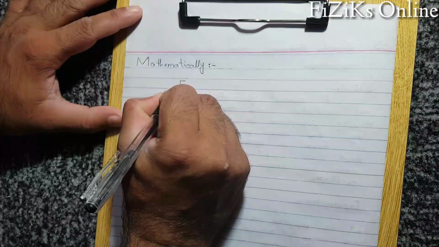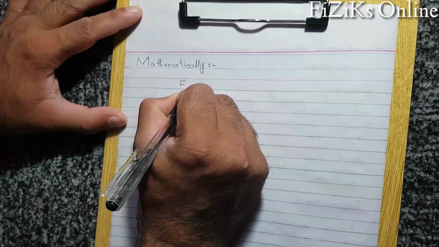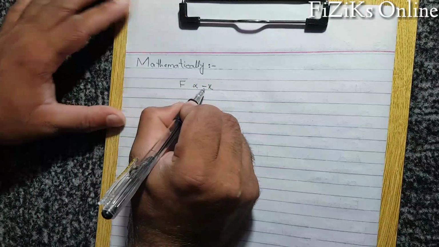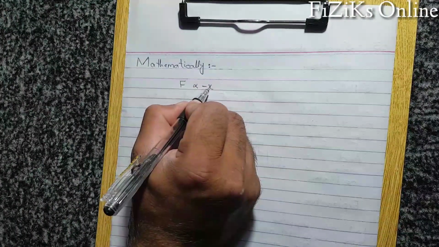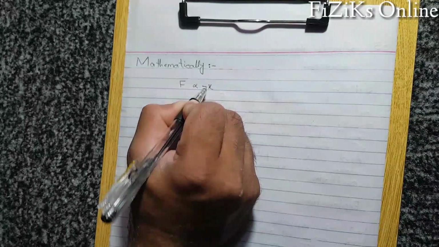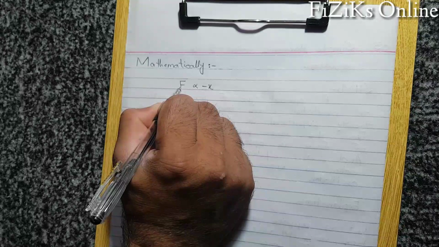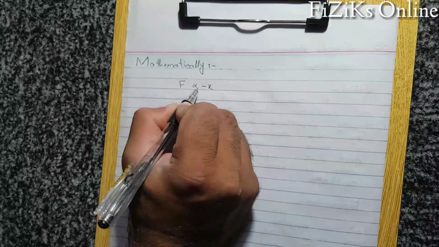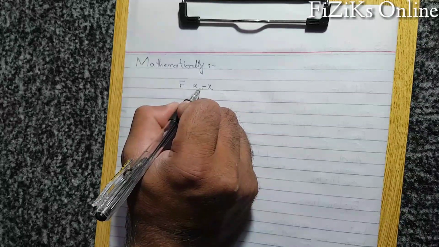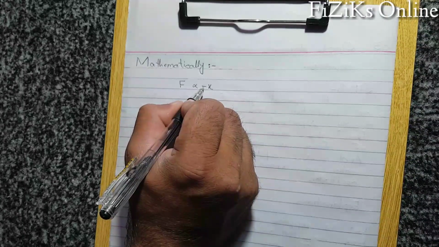Mathematically, we have studied that force is directly proportional to minus x. When the amount of displacement is increased, the restoring force will be increased, and the negative sign shows that the restoring force is opposite to the direction of displacement.